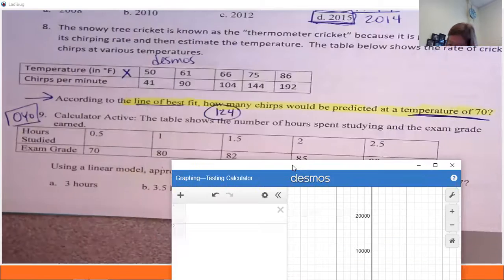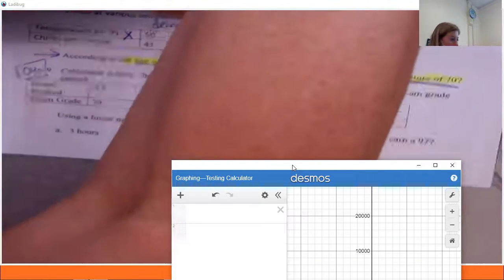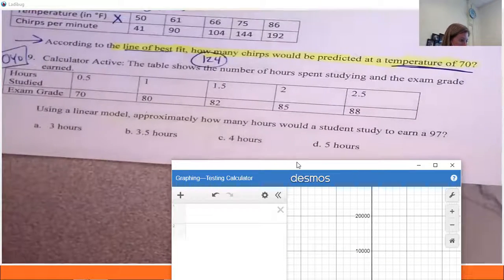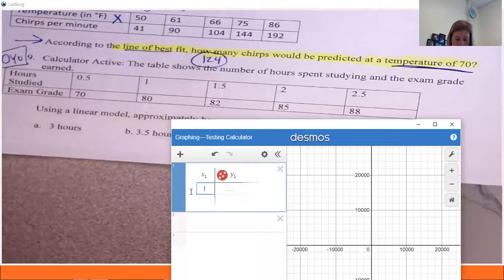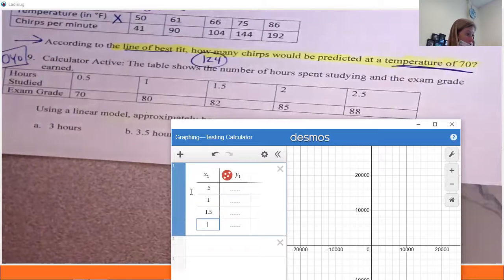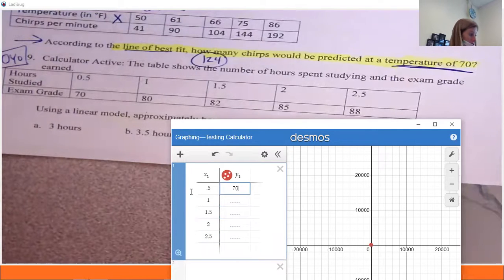I'm going to try to do this last one as quick as possible because I know a lot of you have already gotten it done. All right. So put your table in. And 0.5, 1, 1.5, 2, and 2.5, 70, 80, 82, 85, 88.